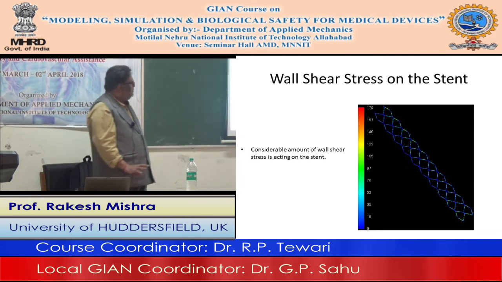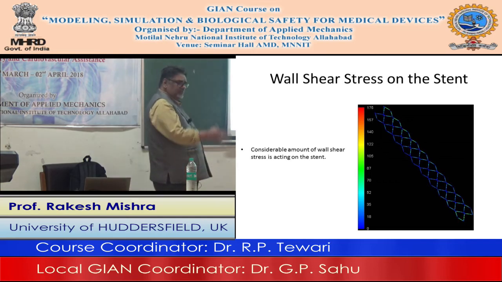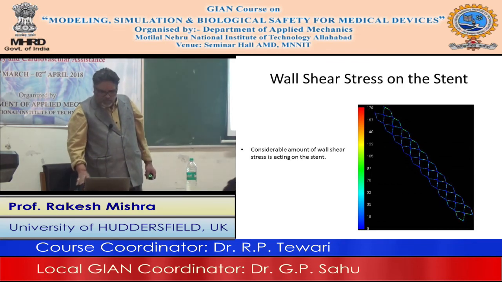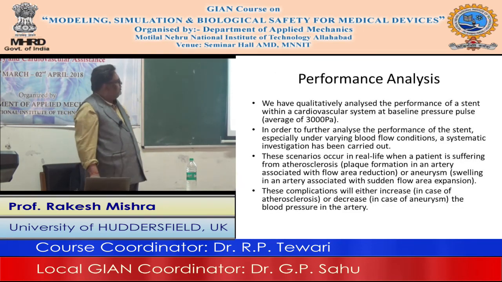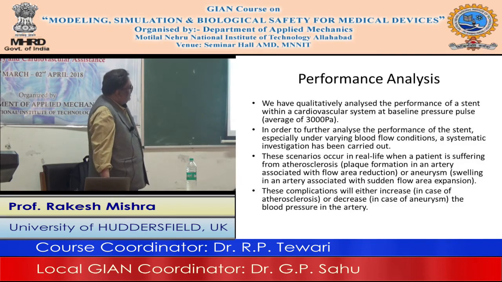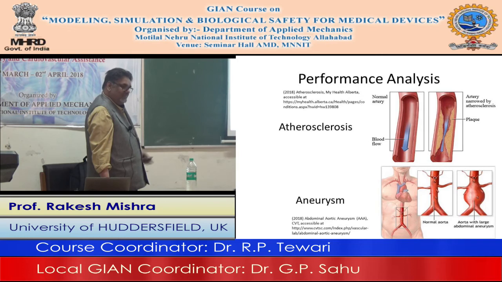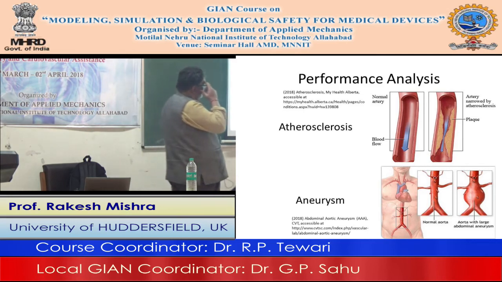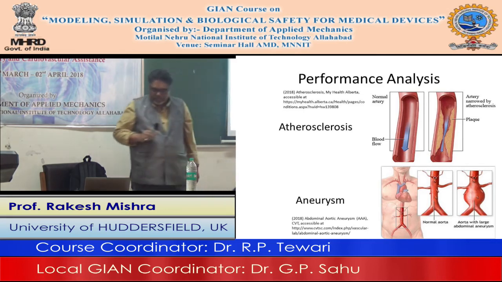So this is one part done. I have given you qualitative and quantitative analysis. What we have done now is carry out some analysis on atherosclerosis and see how the stent with plaque formation will behave, and that we can analyze using CFD.